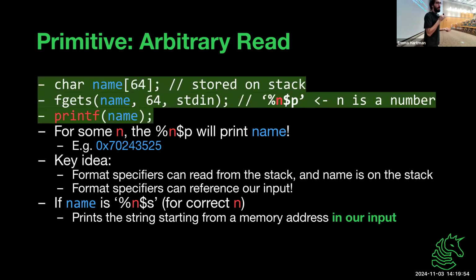But of course, if you don't have the third argument, now you can just print any index off of the stack with a high enough n. Sure, that's fine. So our format specifiers can read from the stack, and our name variable is also on the stack. So eventually, with a large enough n, we'll just print out the address of our buffer. And that can be useful for many different things.